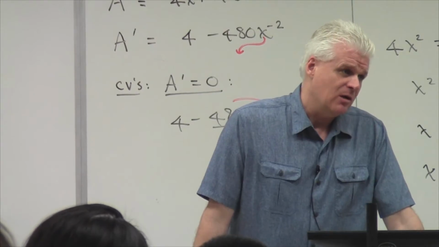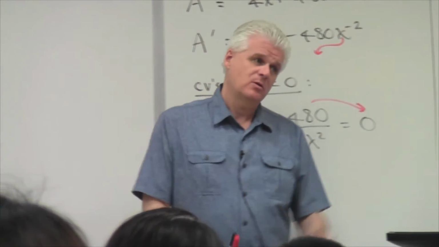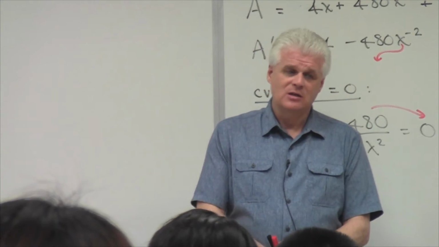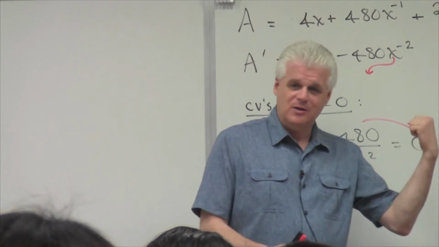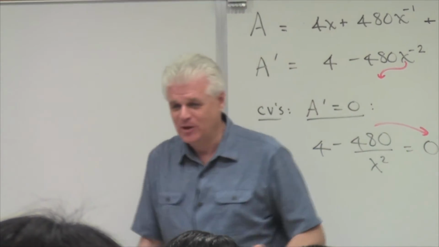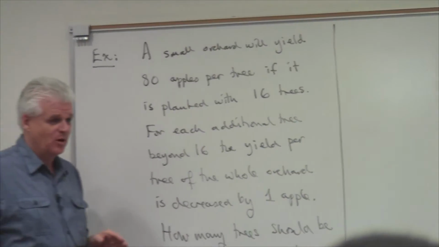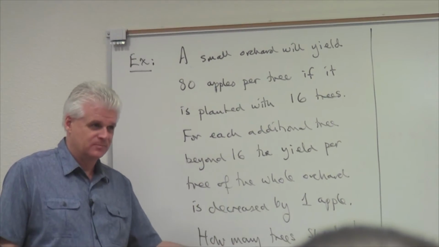I'm not going to do it that way myself, but it's not saying that you're wrong. It may be a good way to do it as well. What I've found to usually be the easiest way to set these up, whether it's the hotel problem, the Apple problem, or the Queen of the Delta paddle steamer rental, is to let x, because x can represent a lot of different things in these problems, be the additional number of.